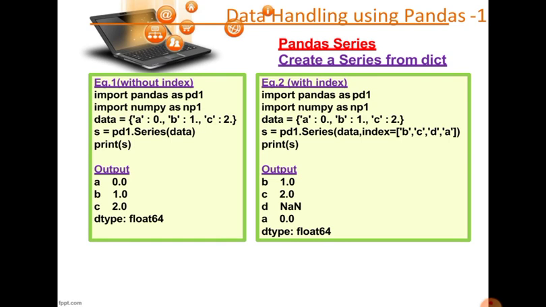Output: a 0.0, b 1.0, c 2.0, dtype float64.